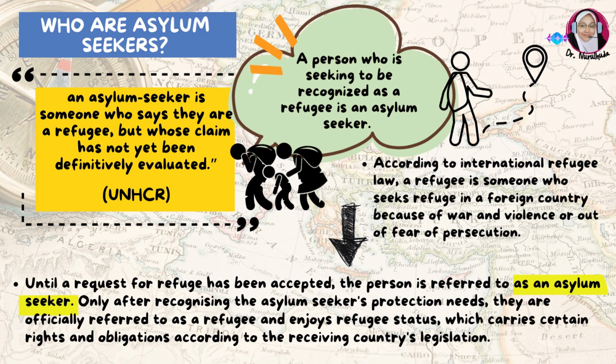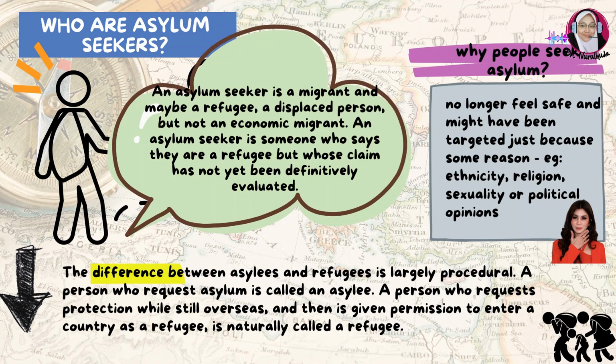So, until a request for refuge has been accepted, the person is referred to as an asylum seeker. Only after recognizing the asylum seeker's protection needs are they officially referred to as a refugee and enjoy refugee status, which carries certain rights and obligations according to the receiving country's legislation.